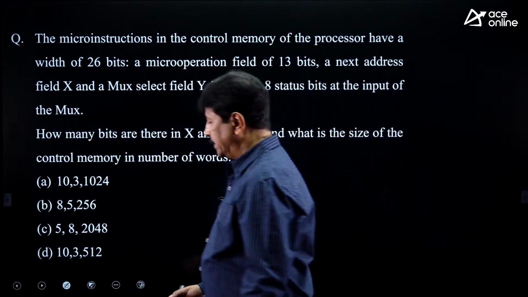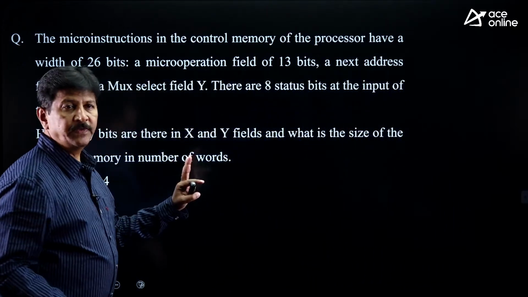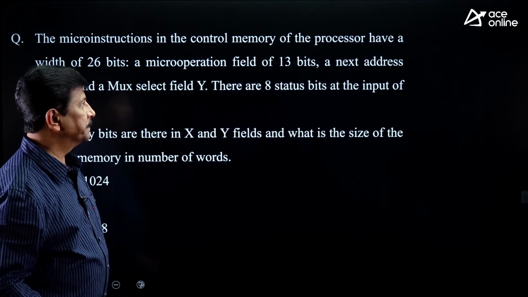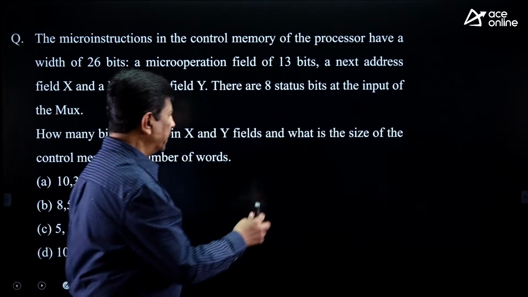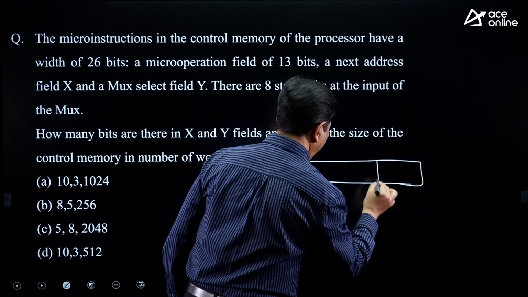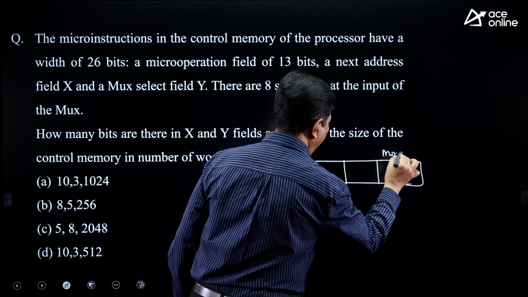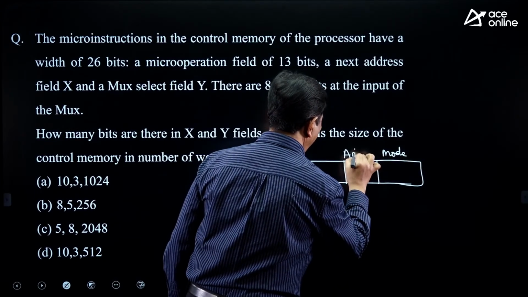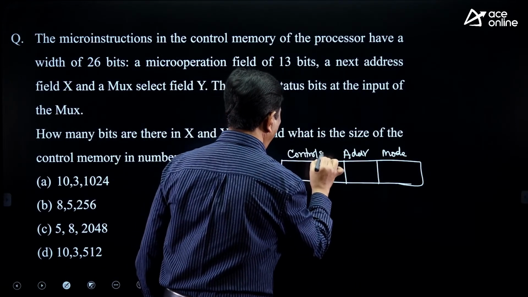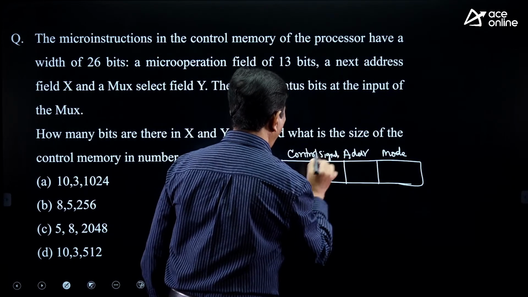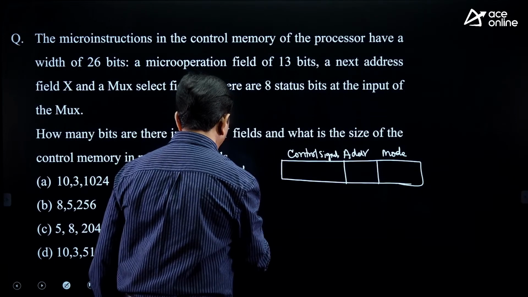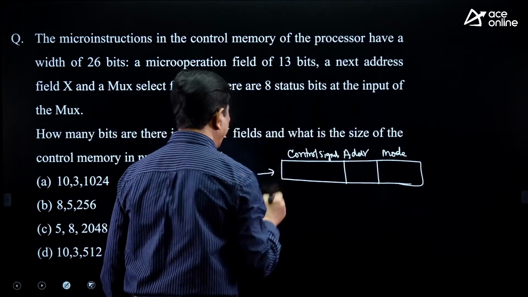Yes. So in the control unit, most of the time the question will come based on the microprogrammed control unit. He told one microprogrammed control unit, which is going to be shown like this. Fine.